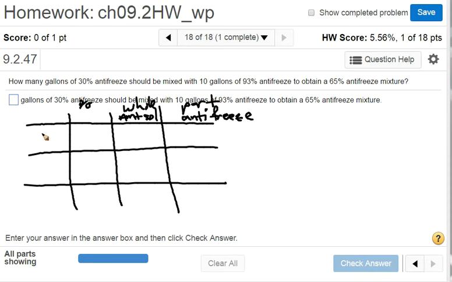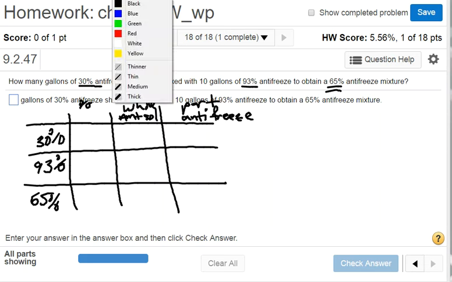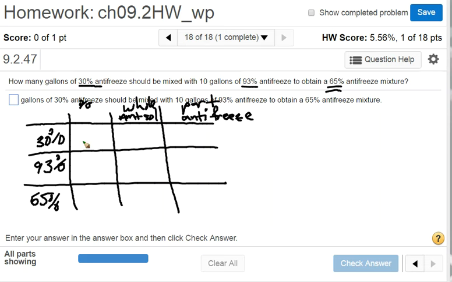We're going to mix a 30% solution with a 93% solution. And what we want to get is a 65% solution. So our decimal equivalents of those percentages are 0.3, 0.93, and 0.65.